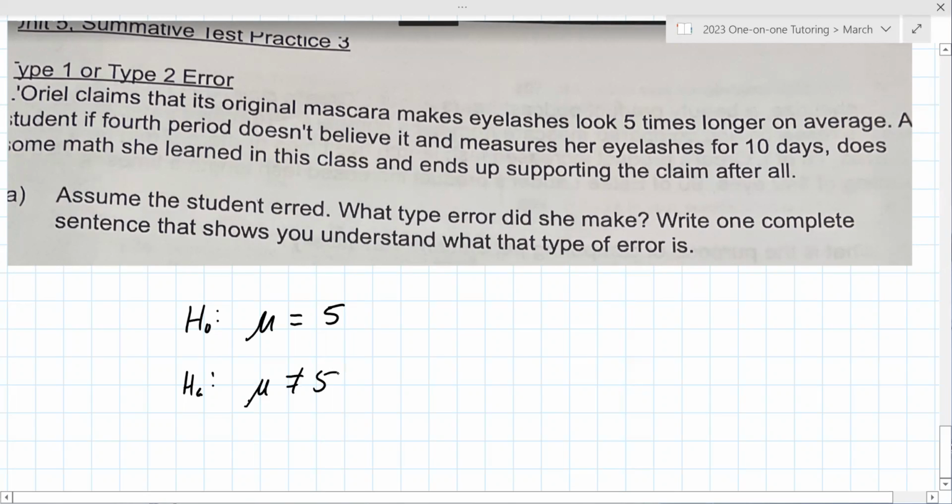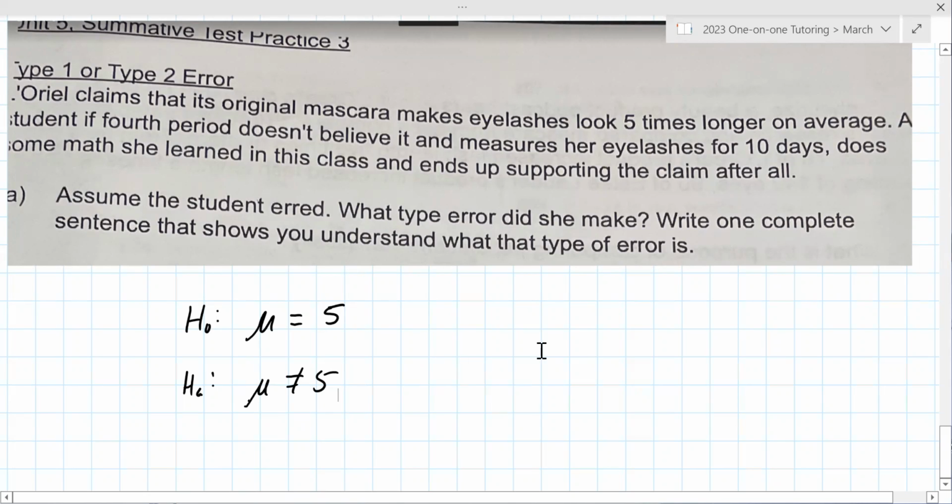Okay, but you don't really care about that. What you care about is whether they rejected it or failed to reject it. Okay, so it says here, assume the student erred. Okay, so they think the second one is true, but it's not.